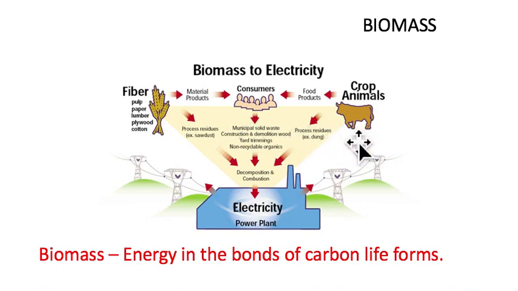Crops and animals. Sadly, yes, you can burn an animal. We won't linger on that. Anyway, biomass is anything that used to be alive that can be burned. So it's a carbon-based life form that can be burned to produce electricity. And in much the same way I described before, it burns, generates heat, turns a turbine in a power plant, and generates electricity.